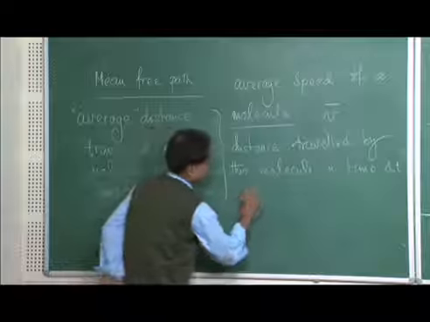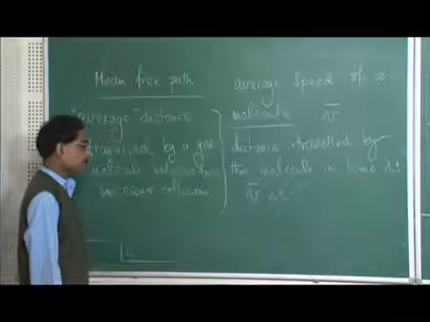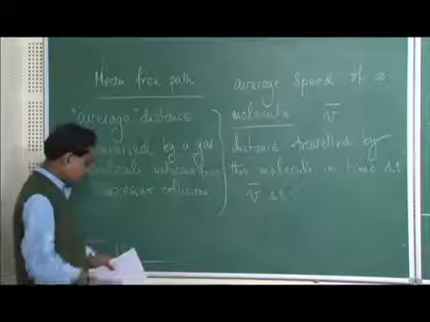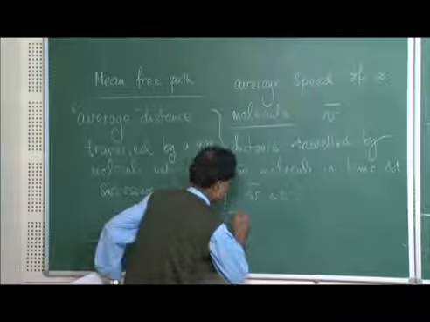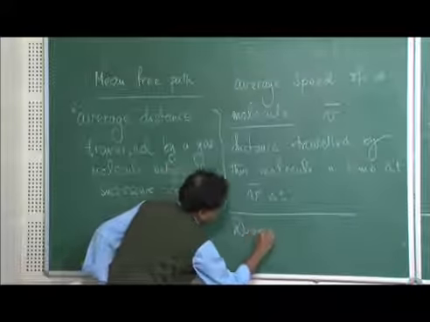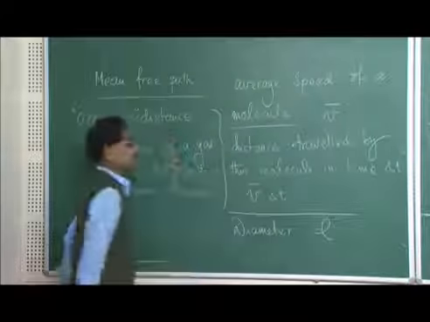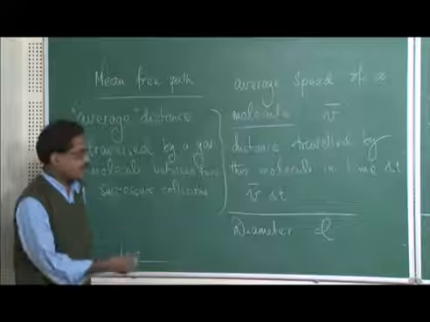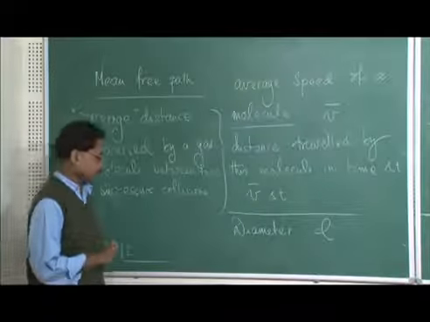That is V bar into delta t. And let us now assume that this molecule has a diameter d. I am dealing with identical molecules, so I can assume all the molecules have a diameter d.